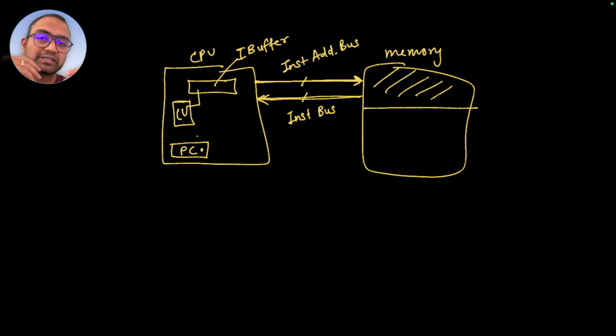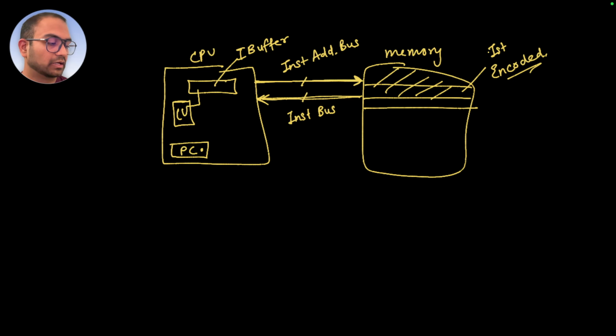Now, what I want to explore as part of this lecture is how the instructions are encoded, that is, what bit pattern means what. The trouble is that there are many CPU architectures.